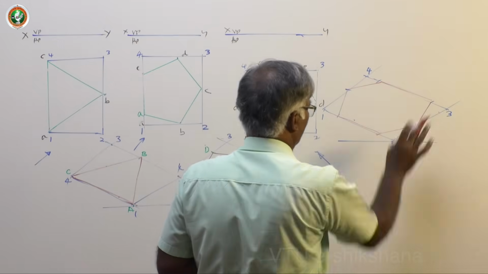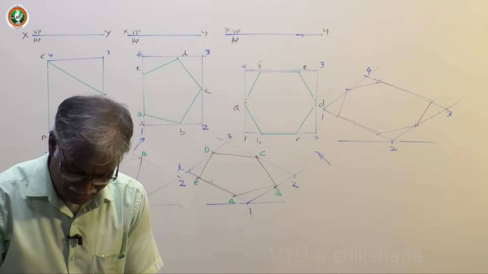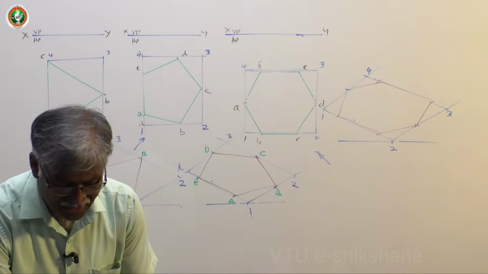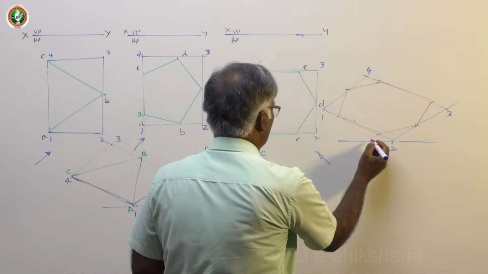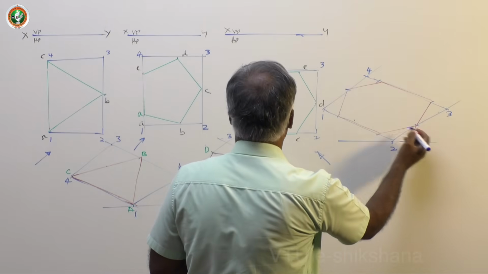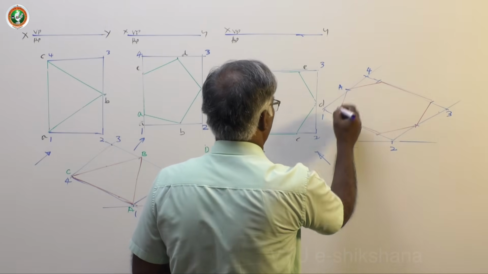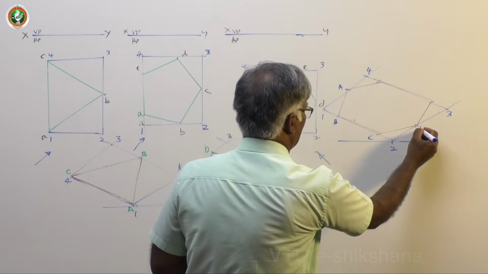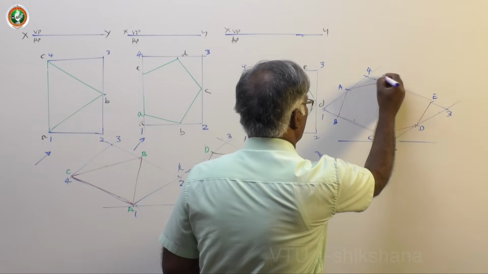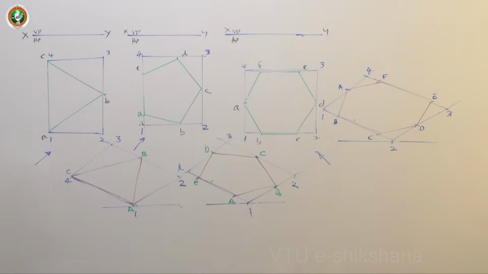These 2 are equal, something like that. So better name it for understanding purpose. So this is 2 to 3, 1 to 4. This is A, B, C, D, E, F. So this is how you draw isometric projection or view of triangle, pentagon and hexagon with the box method.